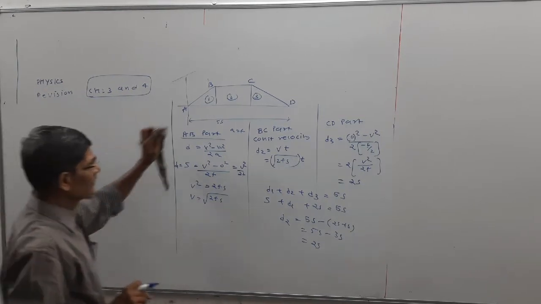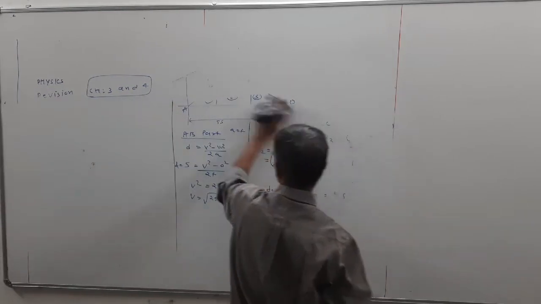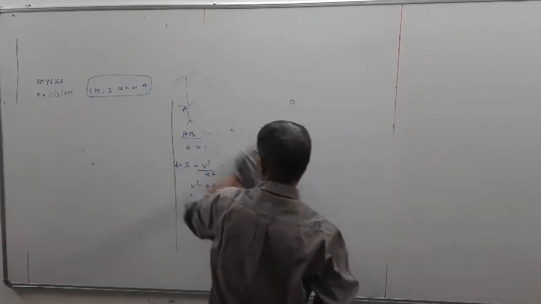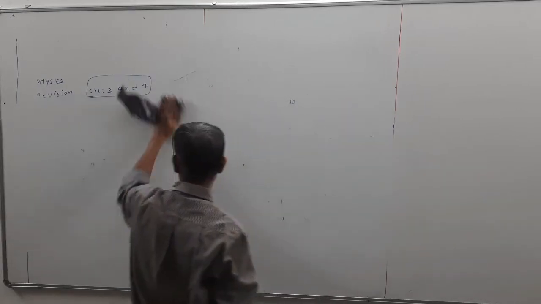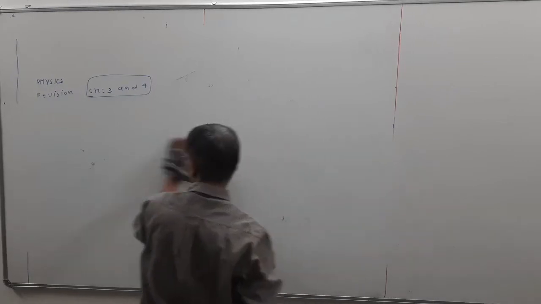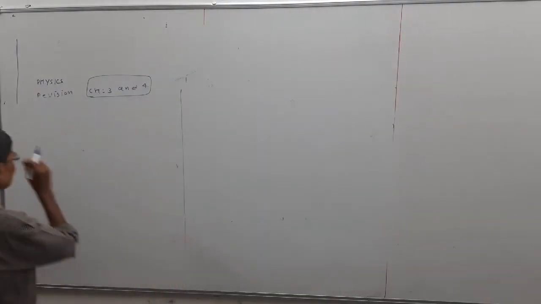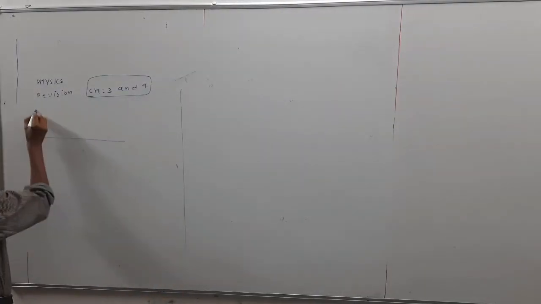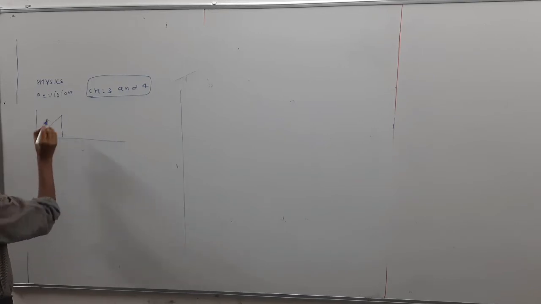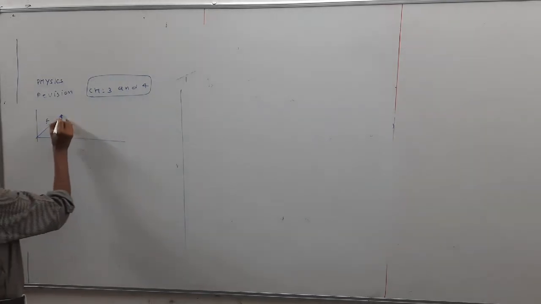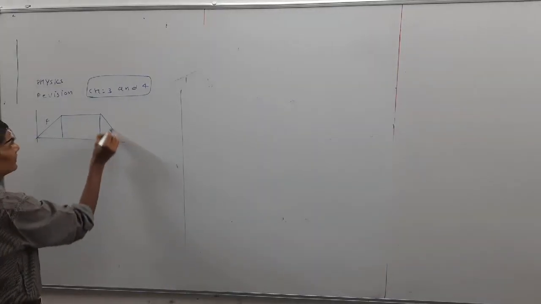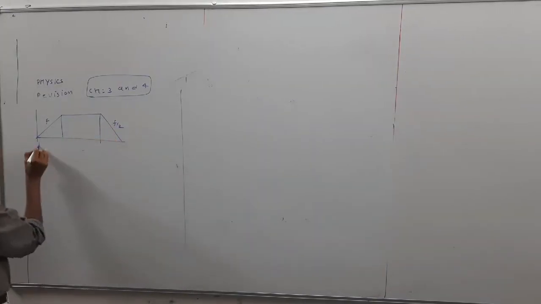Now there is a similar question in which the total distance is given as 13s. Let us say it moves with the acceleration of f, then it moves with the constant velocity, then it moves with the retardation of f by 2.